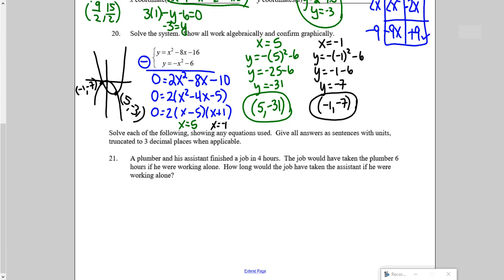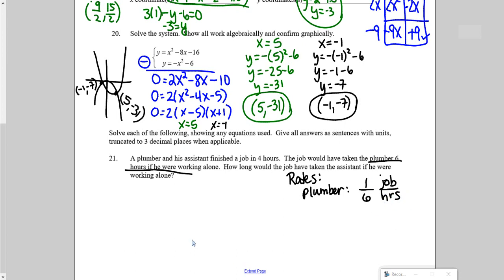Okay, so what we like to do for these is come up with our rate. For the plumber, what does the plumber do? The plumber would do the job in 6 hours if he were working alone. So the plumber does one job every 6 hours, or he does 1/6 of the job every hour.